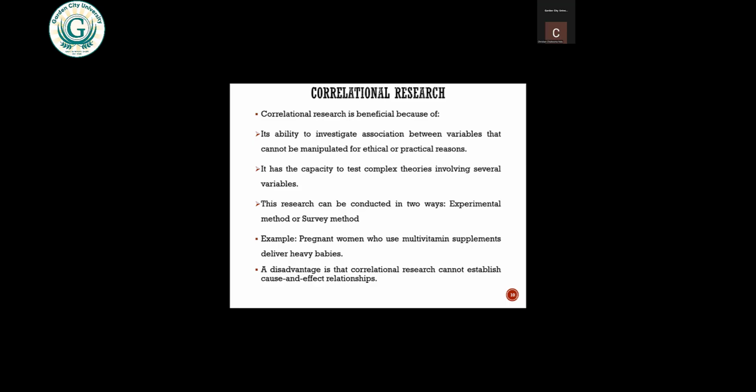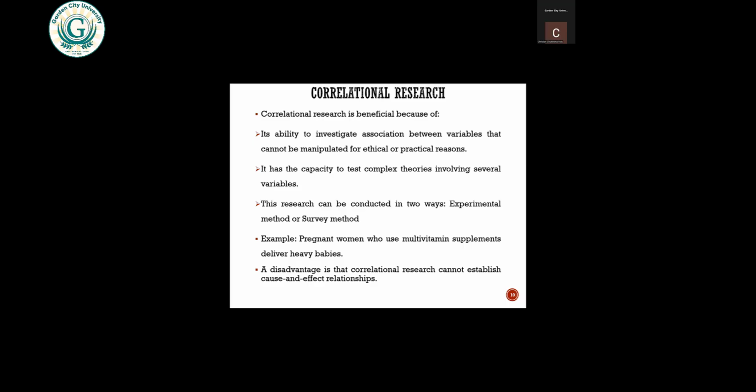You can do that type of research with correlational research. And this type of research can be conducted in two ways. It can be conducted in an experimental method, or it can be conducted with a survey method. An example of a correlational research can be pregnant women who use multivitamin supplements deliver heavy babies.